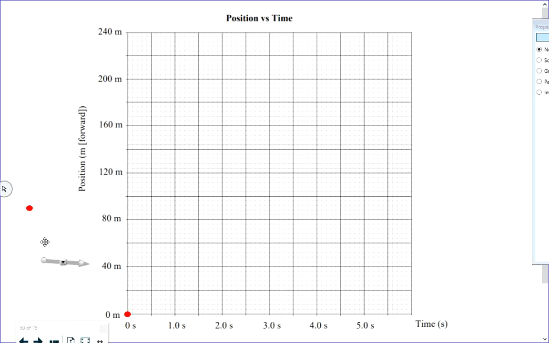Right? 4, 8, 12, 16, 20, 24, 28, 32, 36, 40. So 2.25 meters is roughly 2 meters. It's going to be just half a square above the axis.